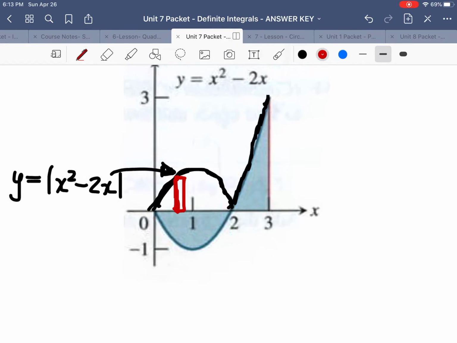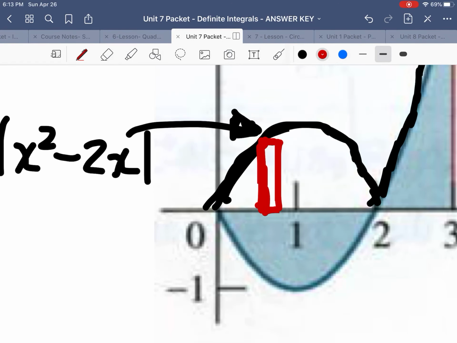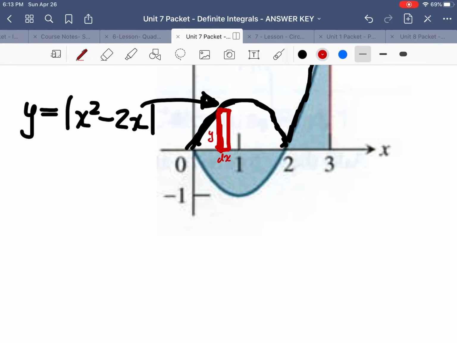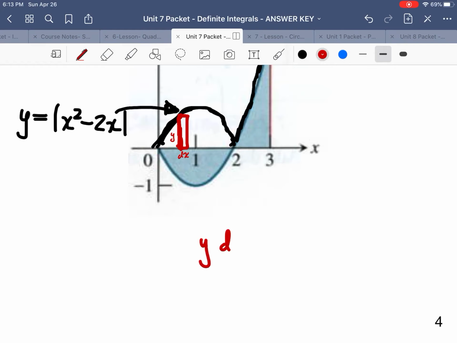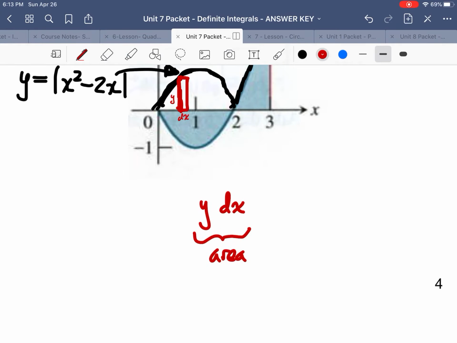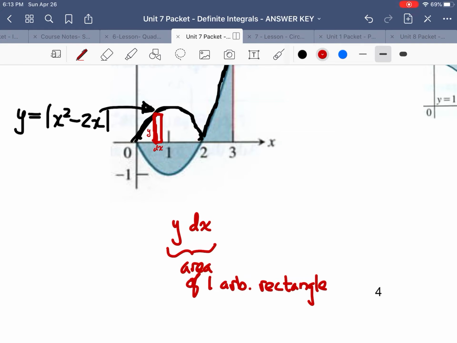I'm going to draw an arbitrary rectangle, and that arbitrary rectangle is going to have a height of y, and some infinitesimal thickness or width that we call dx. All right, so a height of y multiplied by some infinitesimal thickness dx. That's an area, right? All right, so that's the area of that one arbitrary rectangle.